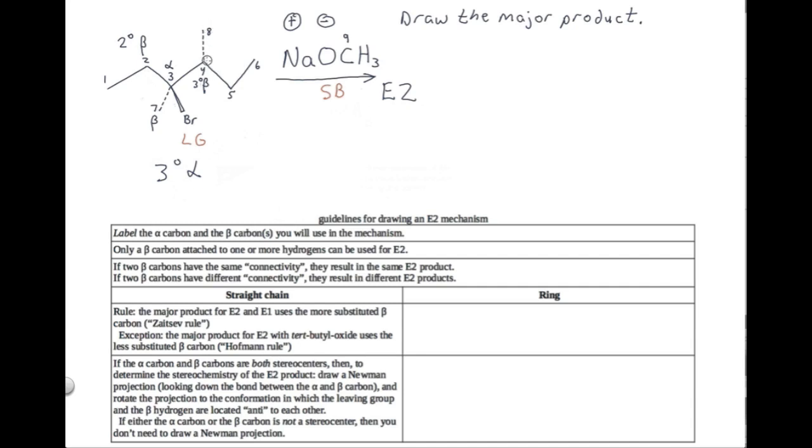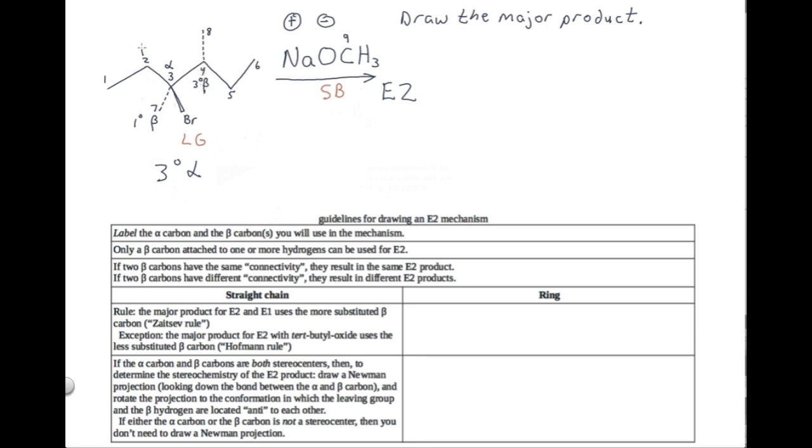And carbon 7 is a primary beta carbon attached to only 1 carbon chain: carbon 3. So we can see that the most substituted beta carbon is carbon 4. So for the major product, we're only going to use the more substituted beta carbon, carbon 4.